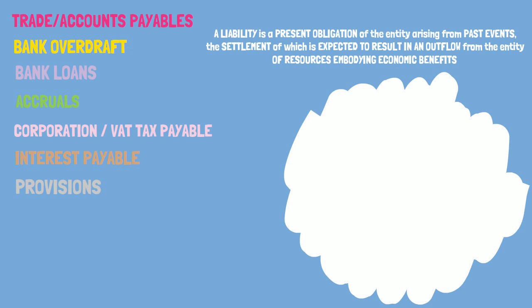There may be other things which are for large populations of events, such as warranties or customer refund costs. They're all calculated based on a probability-weighted expected value, rather than measured at the most likely amount. You then have things like settlement of lawsuits, which is measured at the most likely amount.